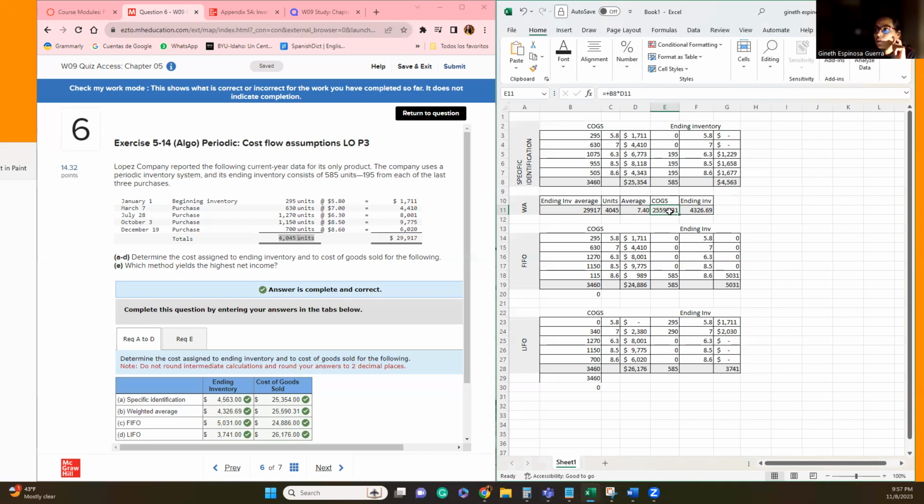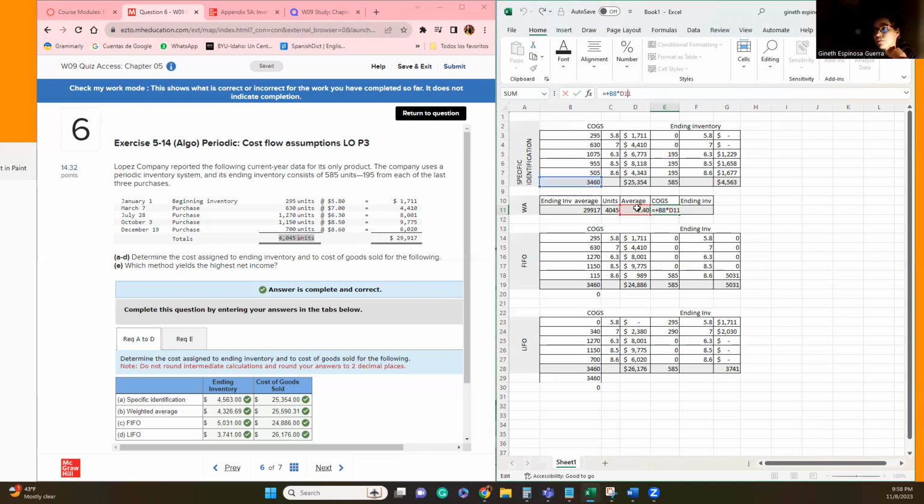Now to find our cost of goods sold, in this case, the amount that was 3,460 is now 4,045. The reason is that in the last 3 transactions we have 195 in the inventory. Important to keep that in mind.